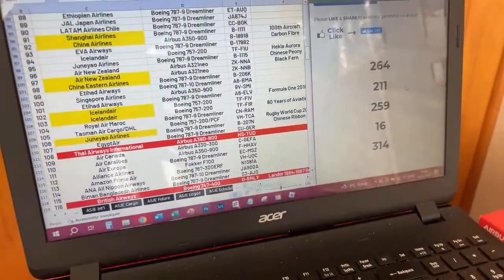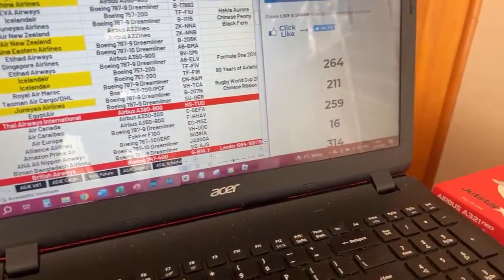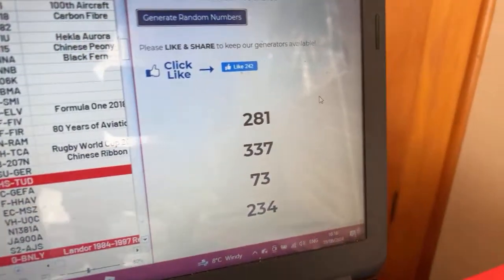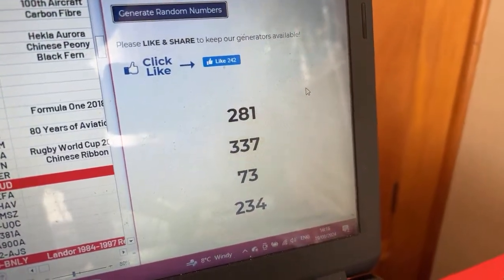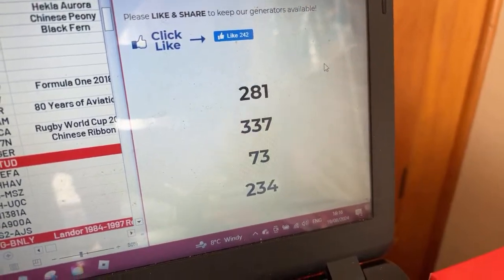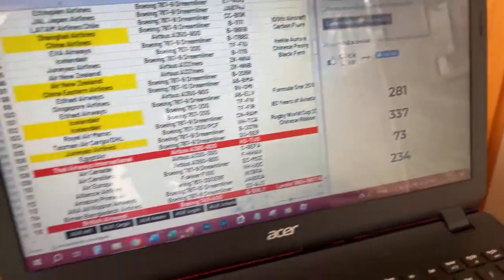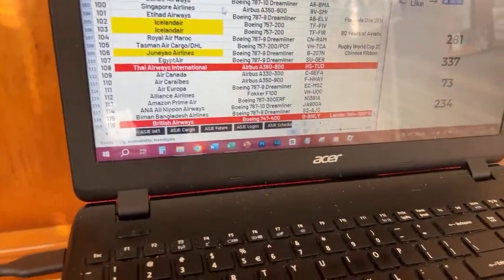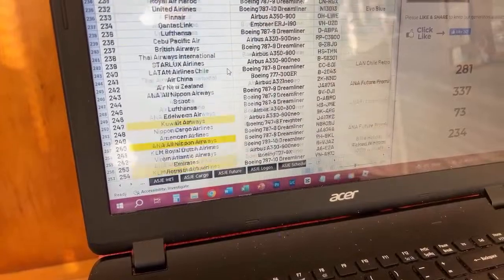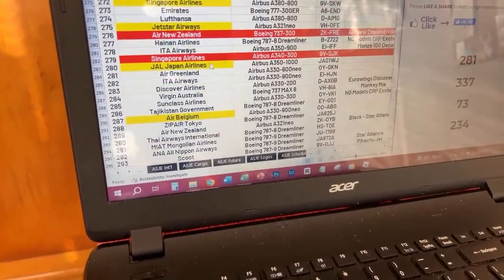So hopefully it might even be the Heckler Aurora. We might see. Radio. So 281, 337, 73, and 234. Right. 281 is here.